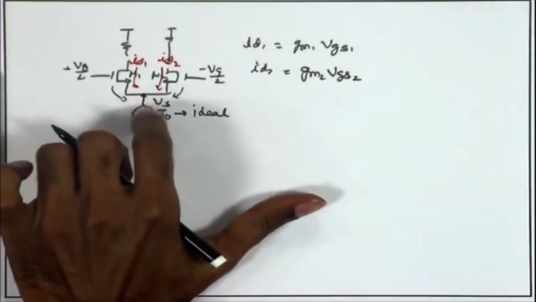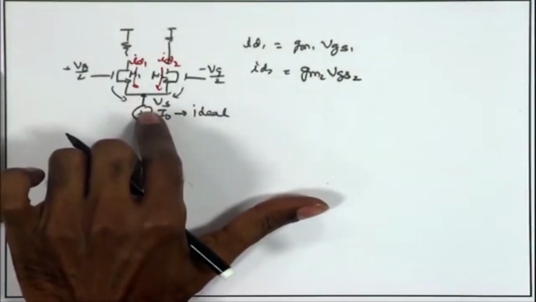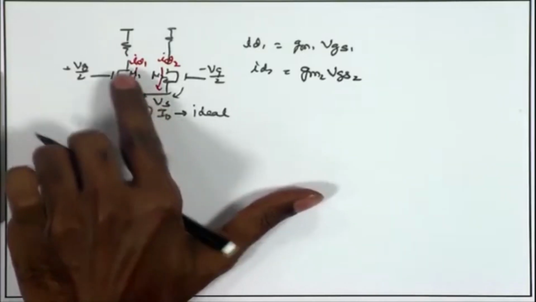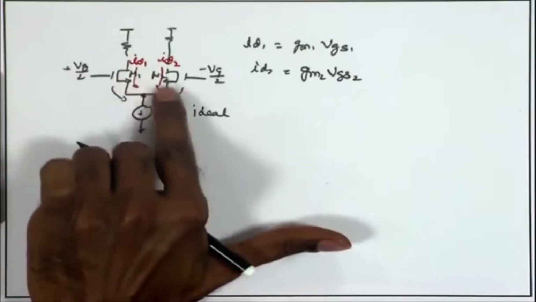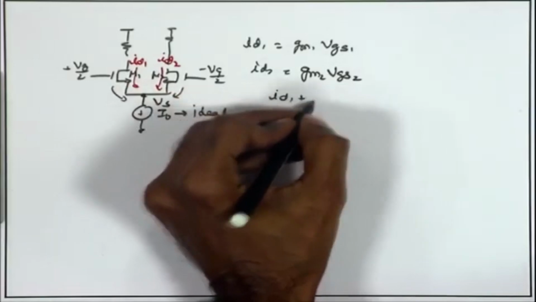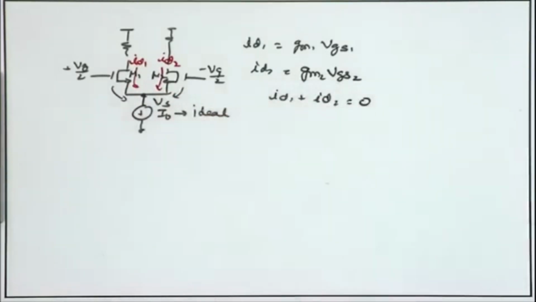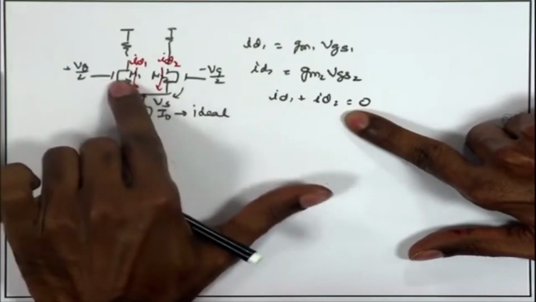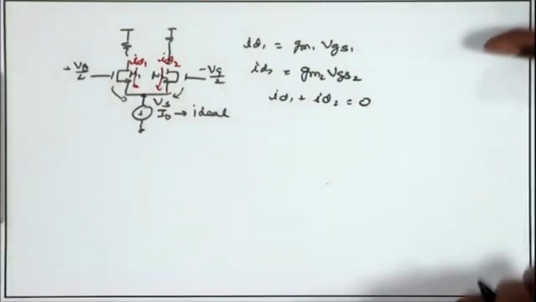Now, the third current over here, that is ID, is an ideal current source, so ideally it should remain constant. Therefore, the small signal currents ID1 and ID2 should add to 0 under all conditions, because these are just the small changes in the currents capital ID1 and capital ID2.